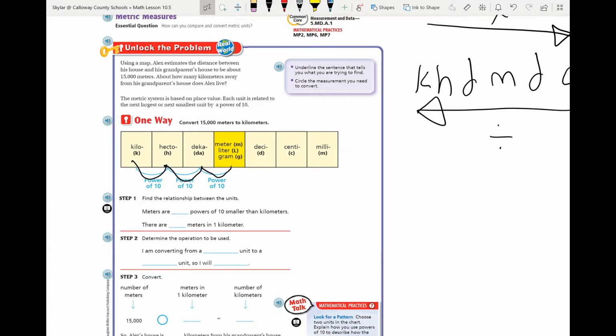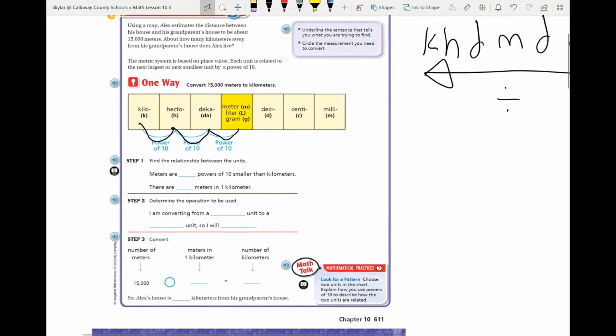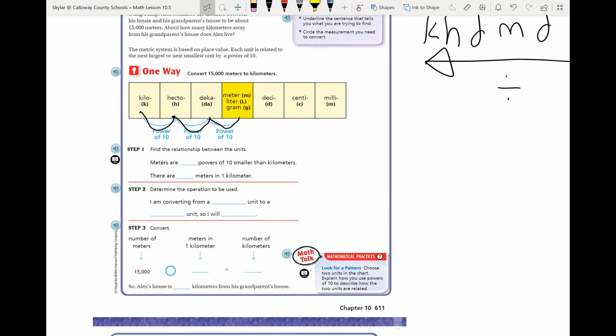Using a map, Alex estimates the distance between his house and his grandparents' house to be about 15,000 meters. About how many kilometers away from his grandparents' house does he live? So meters are 1, 2, 3 powers of 10 smaller than kilometers. So that means that there's 10, 100, 1,000 meters in 1 kilometer.